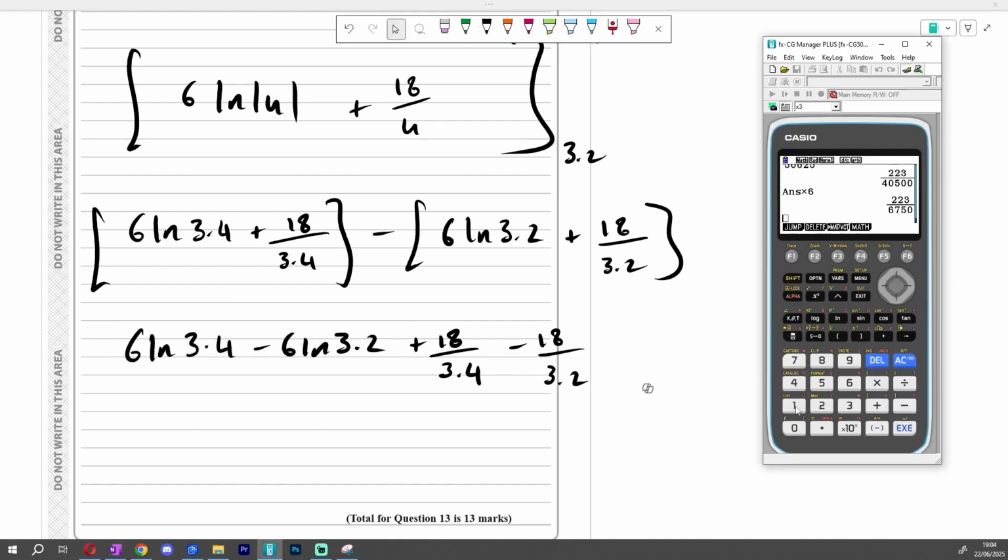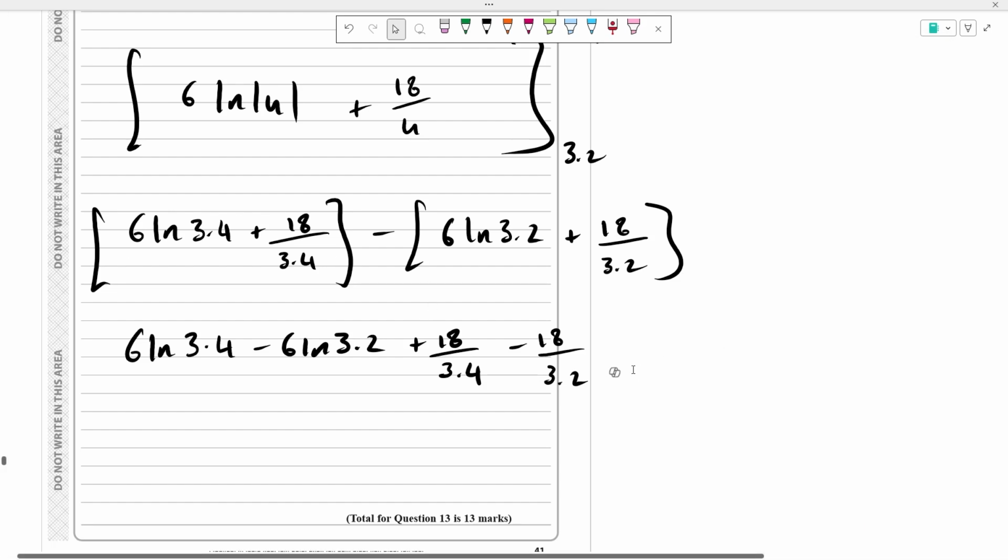Okay, well, 18 over 3.4 minus 18 over 3.2 is that, which is minus 45 over 136. Cool. And then this part here, because we are subtracting our logs, or our natural logs in this case, it's going to be 6 ln of 3.4 divided by 3.2.